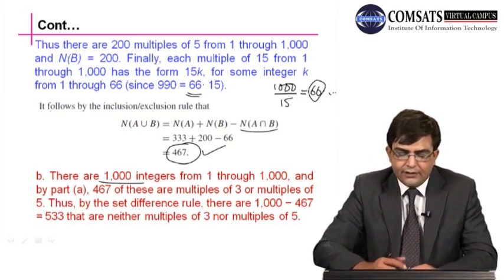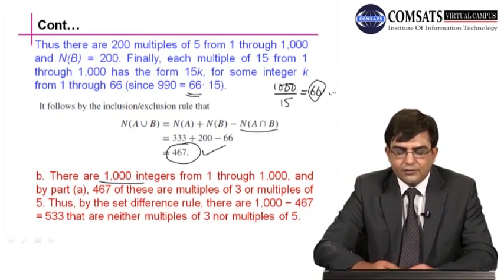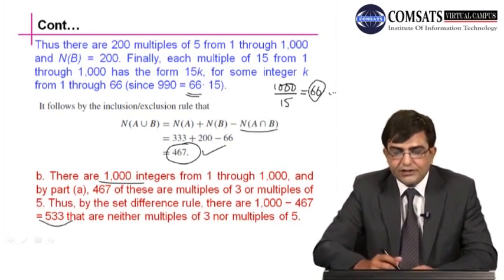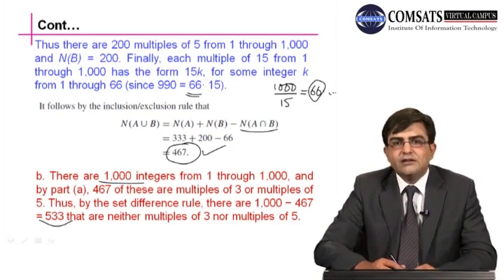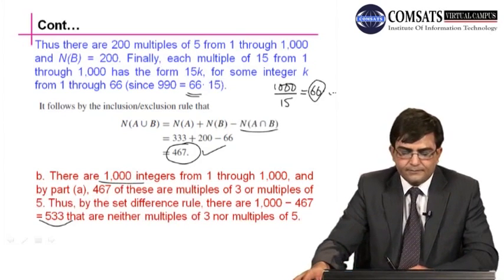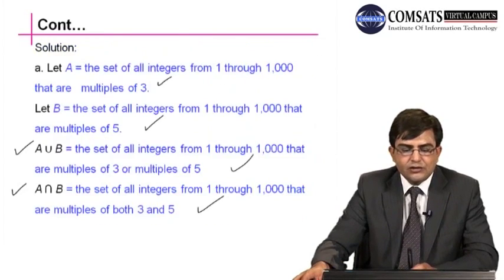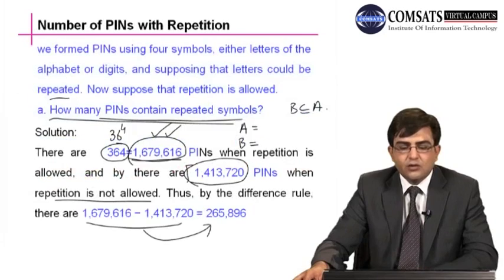If we take the difference, 1000 minus 467, then 533 integers are neither multiples of 3 nor multiples of 5. So this is how we can calculate the number of integers using this difference rule.